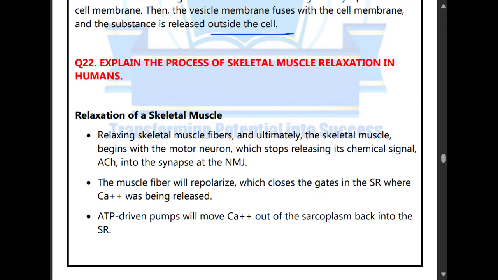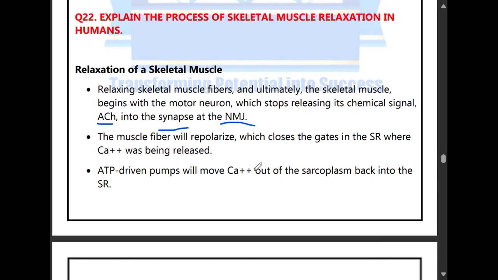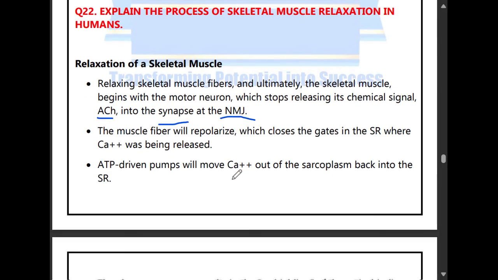When it comes to relaxation of skeletal muscle, you need to understand that the relaxing of skeletal muscle fibers and ultimately the skeletal muscle begins with the motor neuron, which stops releasing its chemical signal, acetylcholine, into the synapse at the neuromuscular junction. So the muscle fiber will repolarize.